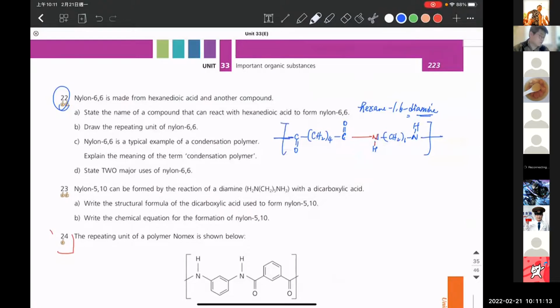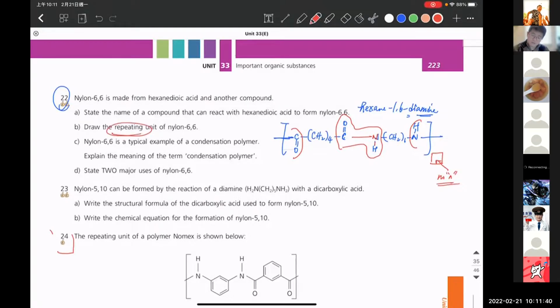So here comes the repeating unit of the polyamide. This one is part of it, and this is another half. Remember, you are going to draw the repeating unit, so never put an N here.